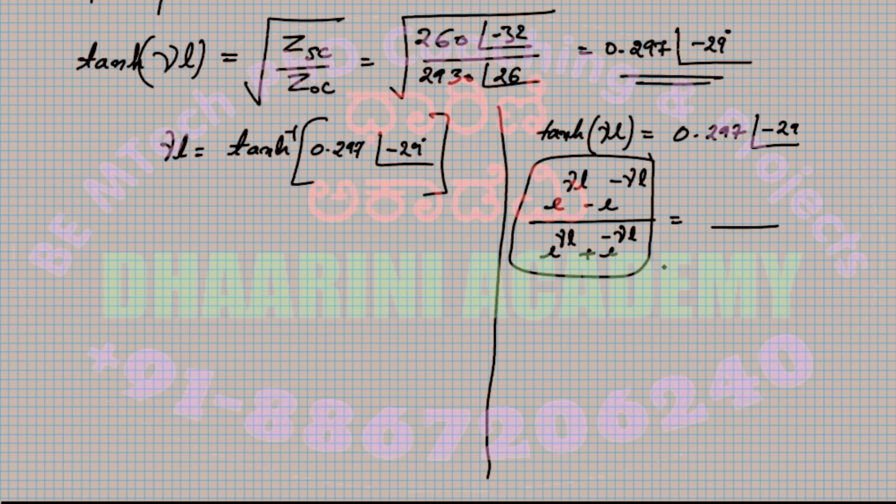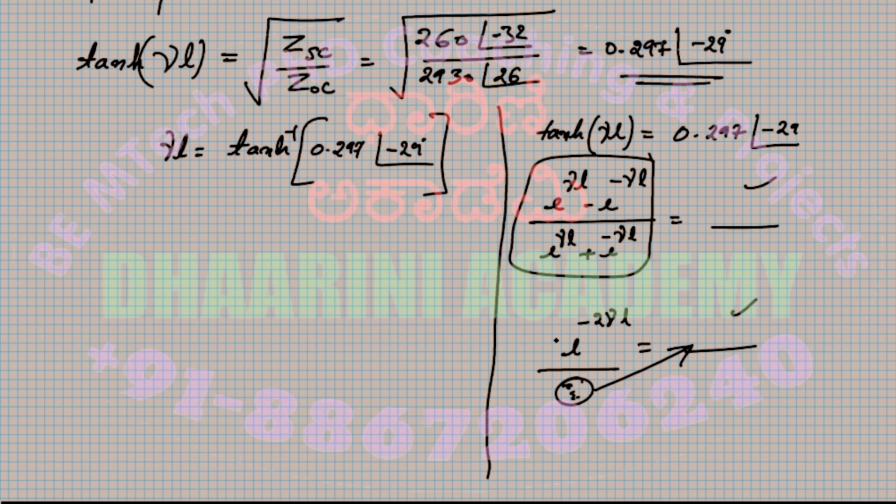A plus b into a minus b is a square minus b square, right? That will simplify this into a certain format. I'm expecting e to the power minus 2 times gamma L equal to, right hand side still remains the same. You may have some constant coming up in the denominator that will be multiplied onto this side.